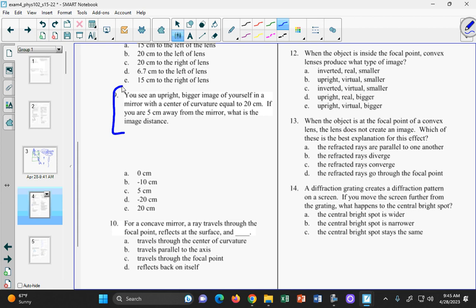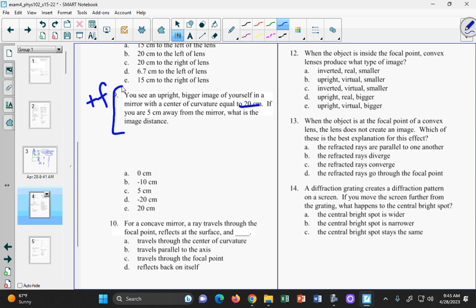If it's upright and it's bigger, that means I'm dealing with a what? Concave is right. Yeah, it's a concave mirror. So that means that I have a positive focal length. But if it was an upright smaller image, that would be a convex mirror, and it would be a negative focal length. Notice I never tell you the sign of the focal length or the sign of curvature, but you need to know it just from the situation.